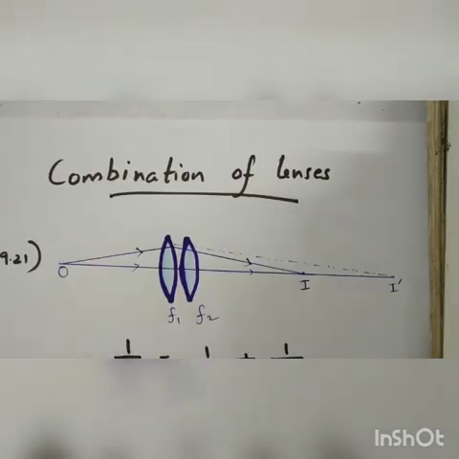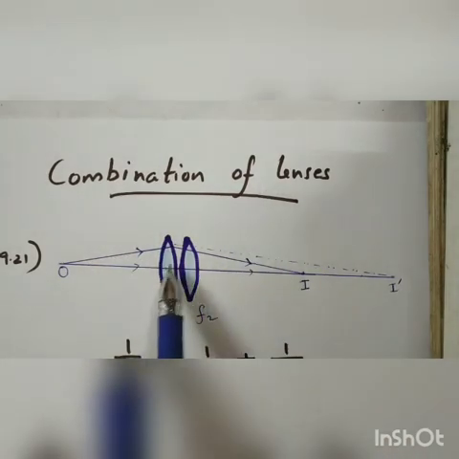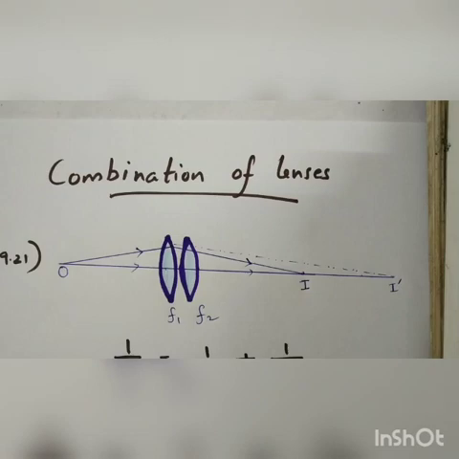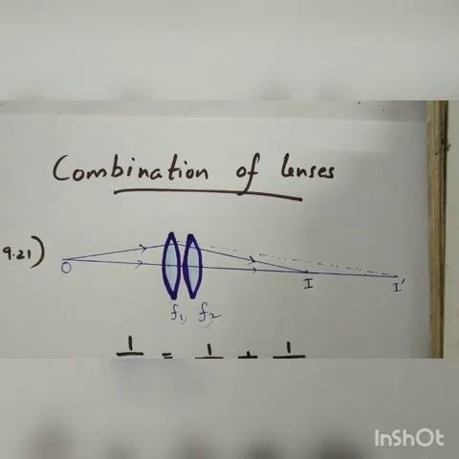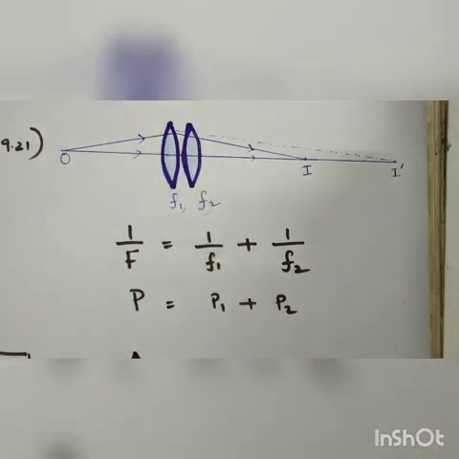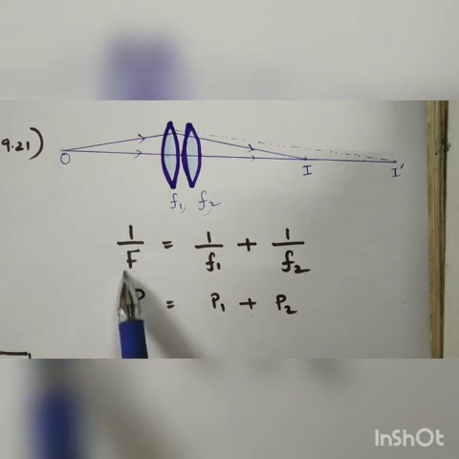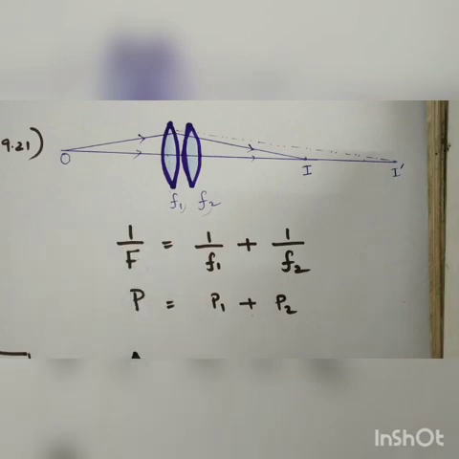Now let us try to find out the effective focal length of two thin lenses kept in contact. Suppose focal length of this one is f1, focal length of second one is f2, then the total focal length of the system, two lenses in combination, is given by 1 by F. Capital F is the focal length of the combination.